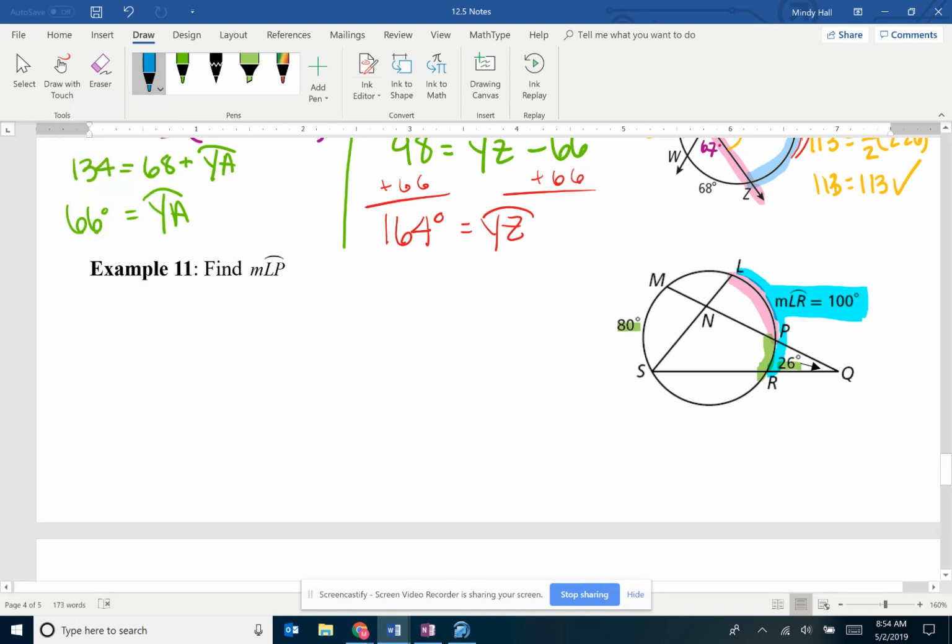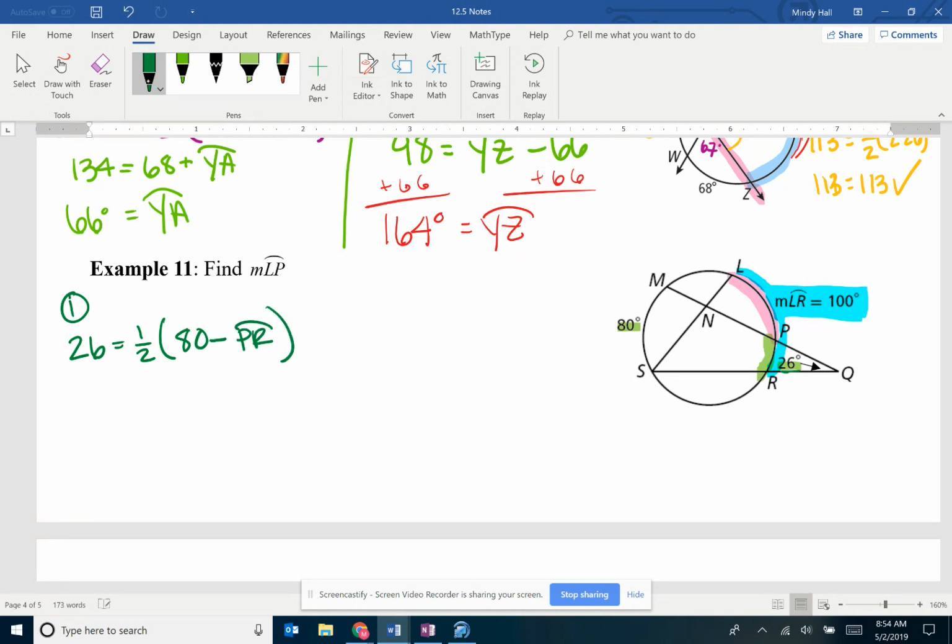So if I start, and actually I'll use the green first because the green is what corresponds to what I'm talking about. We have first part, this 26 degrees. Because it's outside the circle, I am going to be subtracting my arc. So I'm going to have 80 minus arc PR. Again, you can use an X if you prefer. I like to just have it here in this case.